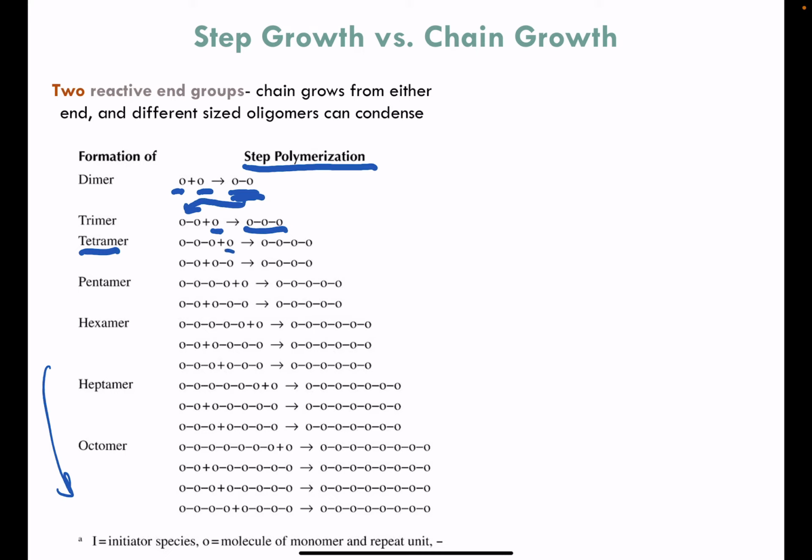So again, the trimer might consist of two amide groups in the center of this oligomeric molecule with appropriate and still reactive beginning and end features. And then we would react that with a complement monomer like a diacid or a diamine to make our first tetramer.